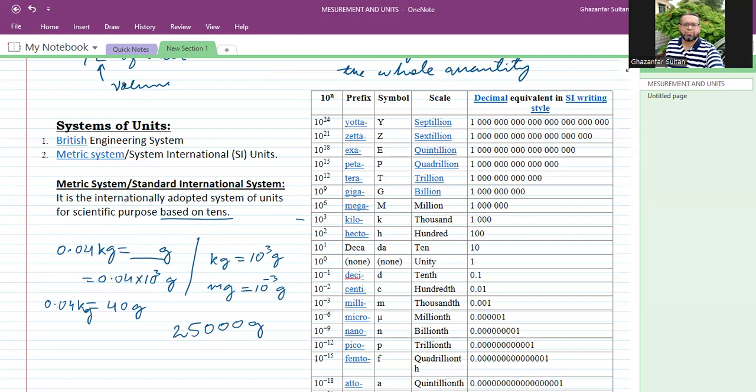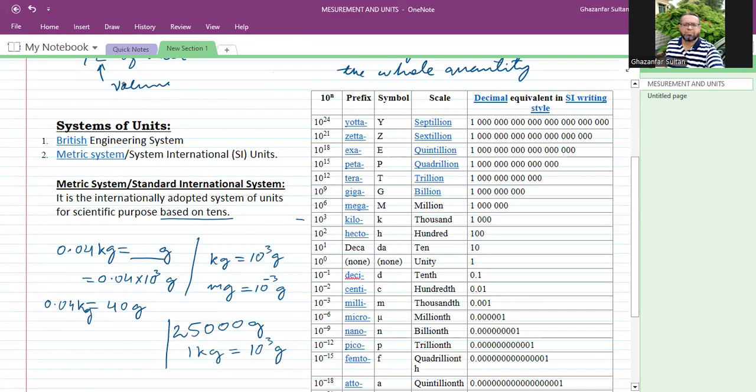So what is the relationship between kilogram and gram? You know, 1 kilogram is equal to 10 raised to power 3 gram. How do you know? Because this K stands for 10 raised to power 3 from this metric system that is based on tens.